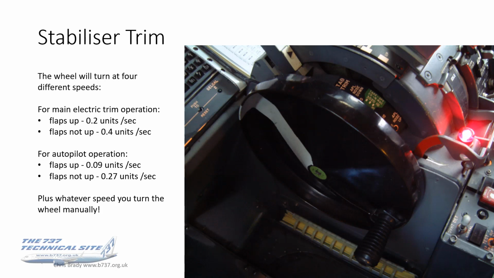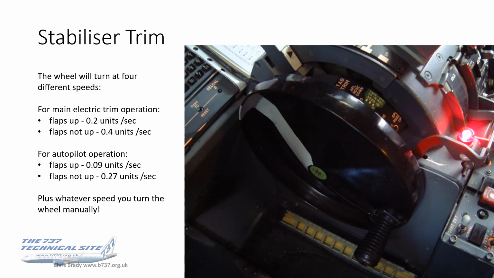Okay, onto the stab trim wheel. Now you've probably noticed it does turn at different speeds, depending what's going on, and they are as follows. For main electric trim operation, so that's you using the stab trim switches on the yoke, with flaps up, it'll turn at 0.2 units per second.